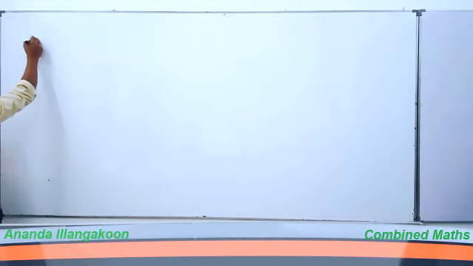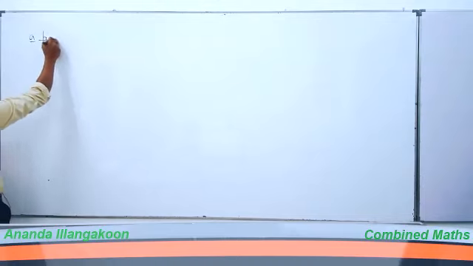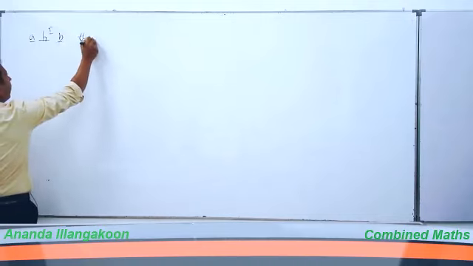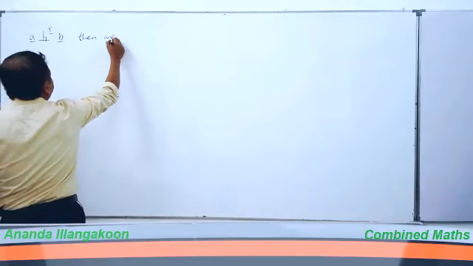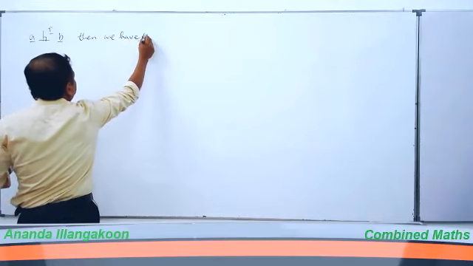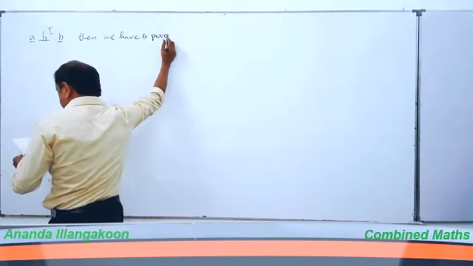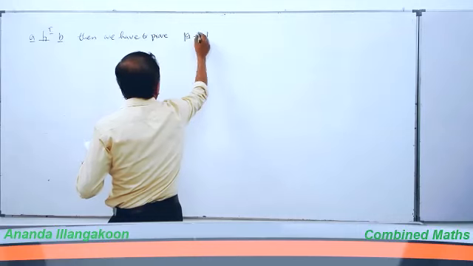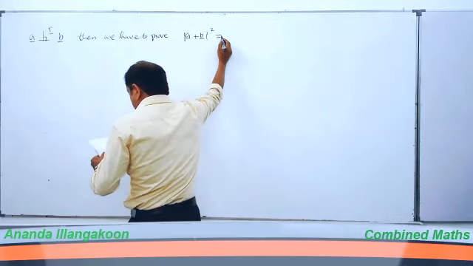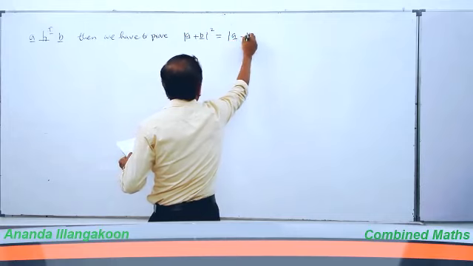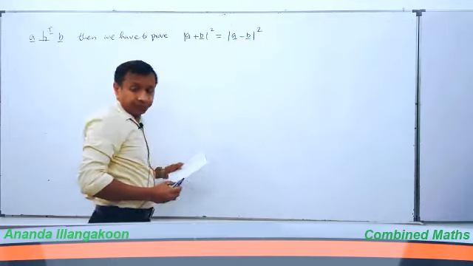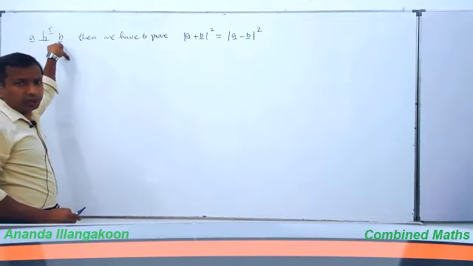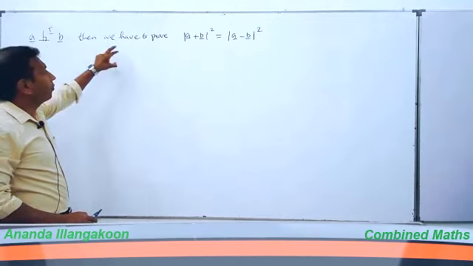Then vector A is perpendicular to vector B, and we have to prove A plus B mod perfect squared is equal to A minus B mod perfect squared. Taking vector A and vector B as perpendicular, we have to prove this.